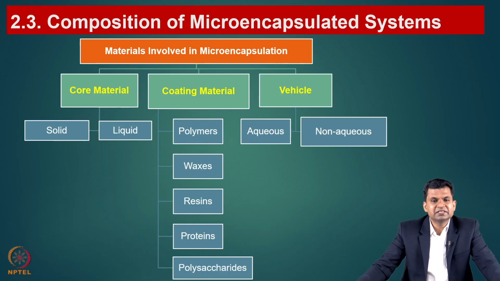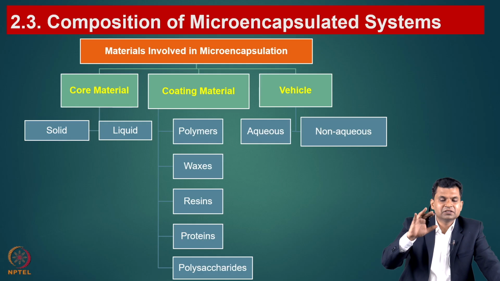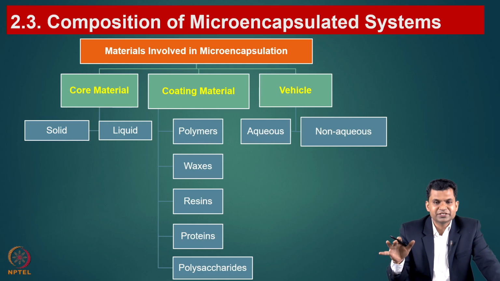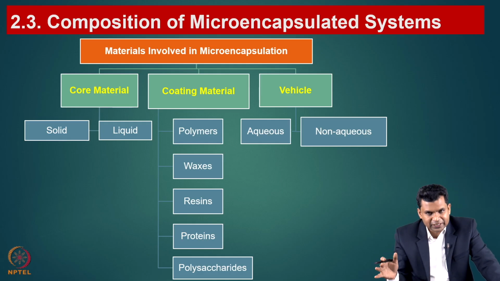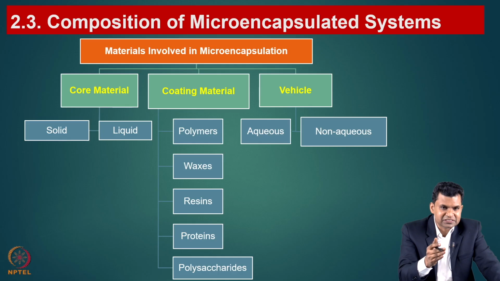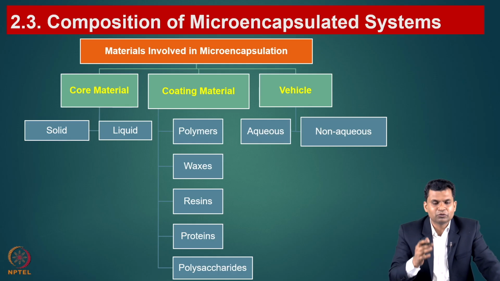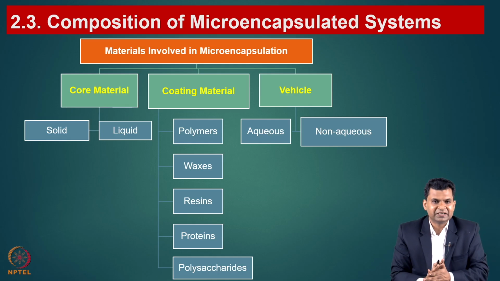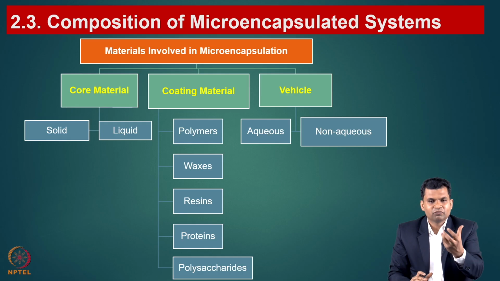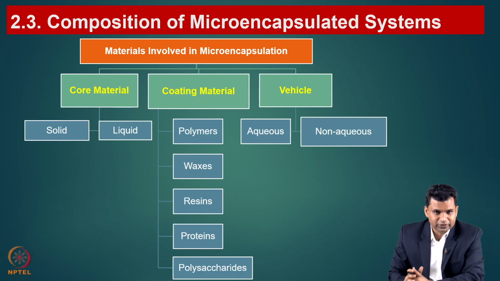And then we will see the composition of the microencapsulated systems. So far we have discussed what microencapsulation and microcapsules are, and we have seen the structures and types. Now we are going to see the materials involved in the preparation of the microcapsules.